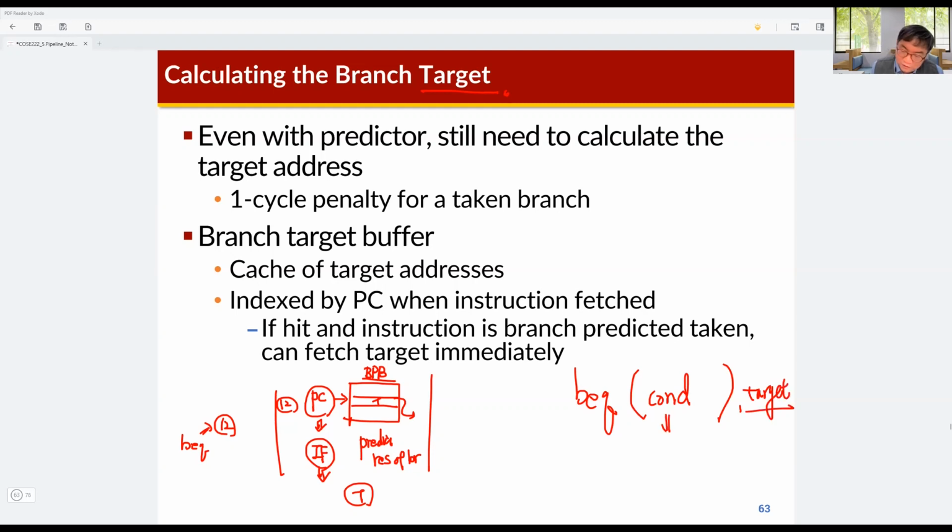We can predict this condition, the result of a branch instruction, with the branch prediction buffer, right? At which stage? Instruction fetch stage. But we don't know the target. Where is the target of the branch instruction? Where is the target?